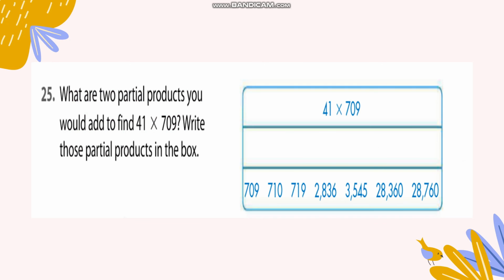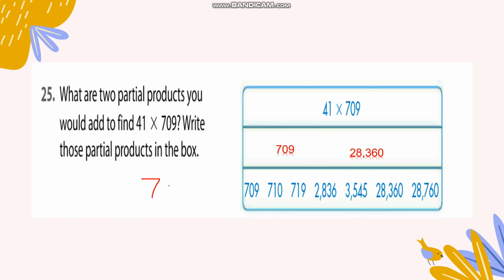Number 25. What are two partial products you would add to find 41 multiplied by 709? Write those partial products in the box. So for 41 multiplied by 709, we have 709 and 28,360. Why?